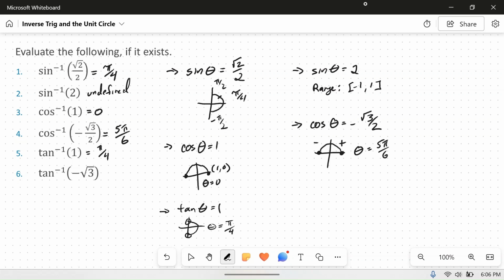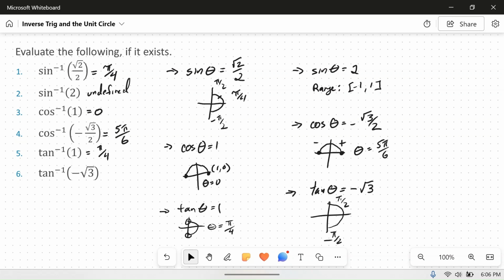All right, last one here, number 6. We want to find the inverse tangent of negative square root of 3. And so I'm going to rewrite that again as tangent of theta. So flipping it around from inverse to regular, tangent of theta is equal to negative square root of 3. Okay, so what angle makes tangent equal to negative square root of 3? Again, my restrictions: inverse tangent has to produce an angle in the fourth or the first quadrant, between negative pi over 2 and positive pi over 2.